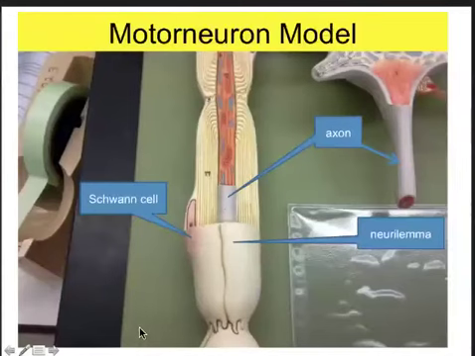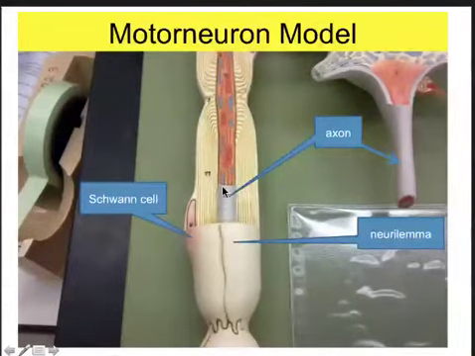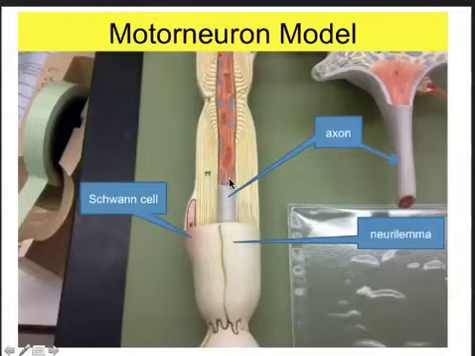Now, if we look in a little more detail at the axon, what we find is that this is the extension that allows the electrical signal to travel away from the soma and towards the axon terminal. So this is axon, this is all axon. If you look real close on the model, you can see in here neurofilaments and mitochondria.